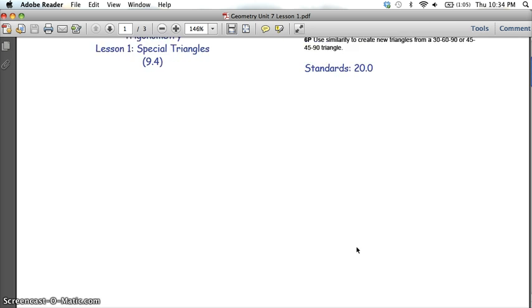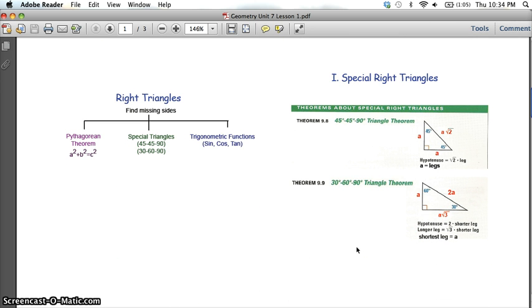So let's go down. All right, here we go. Now, special right triangles, there are two different equations to help us find these different triangles. A 45, 45, 90 triangle is what we call an isosceles triangle, because both of your angles are congruent, which means both of your sides are congruent.